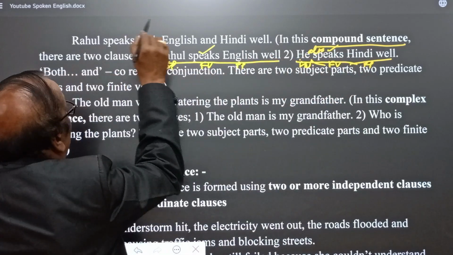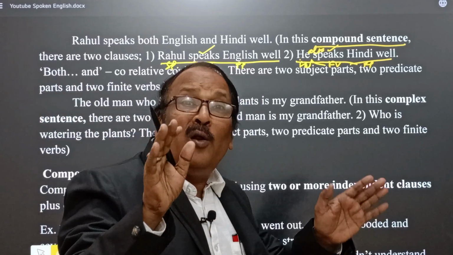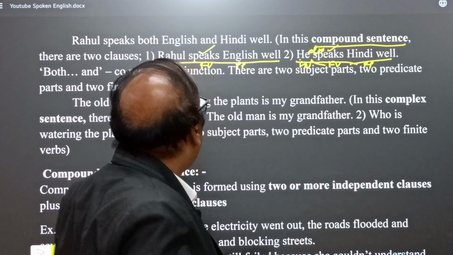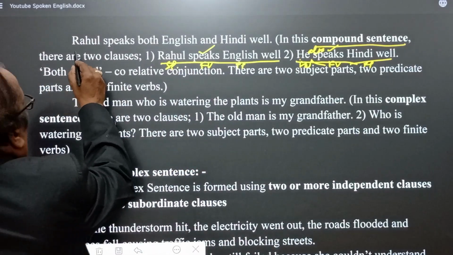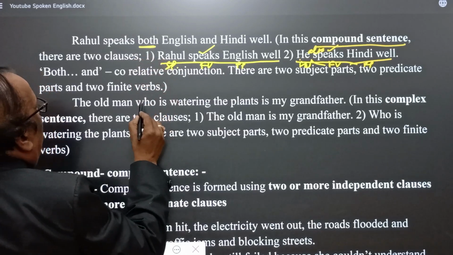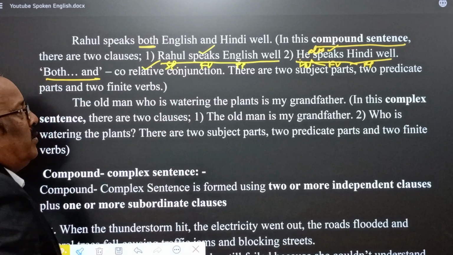But whenever we join them, useless or unnecessary words are omitted. Now come here: Rahul speaks both English and Hindi well. Here both and is a correlative conjunction.